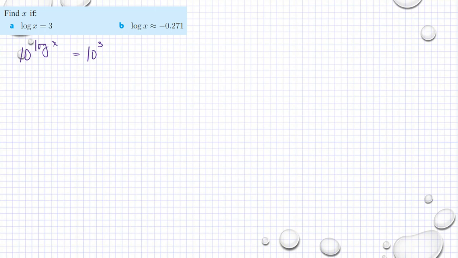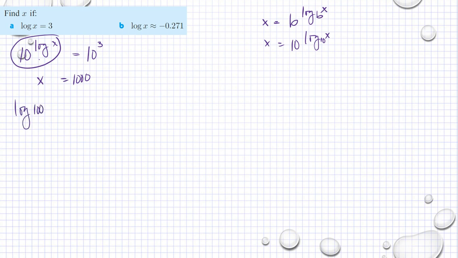And this one is b raised to logarithm of x with the base b. They are equal. So x is equal to 10 raised to logarithm of x with the base 10, as we have here. So that means x is equal to 1000. You can check, because logarithm of 1000, as you know now, is 3.